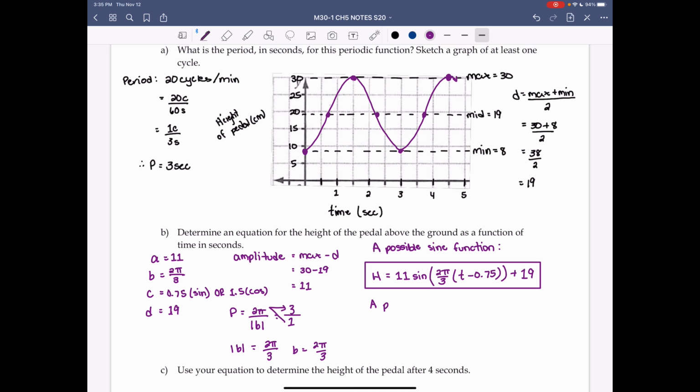And a possible cosine function: h equals 11 cos 2 pi over 3 t minus 1.5 this time plus 19.